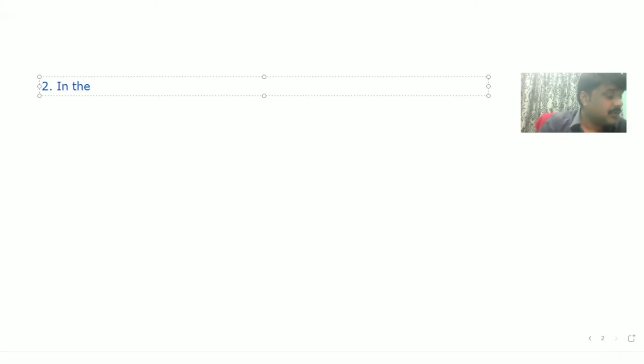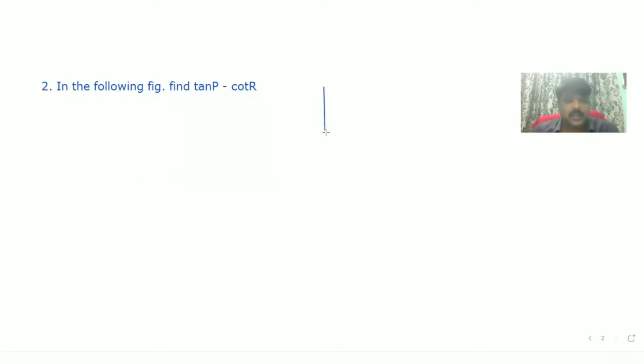In the following figure, find tan P minus cot R. This is the figure he has given us: P, Q, R, with this angle, 12 centimeters, 13 centimeters.